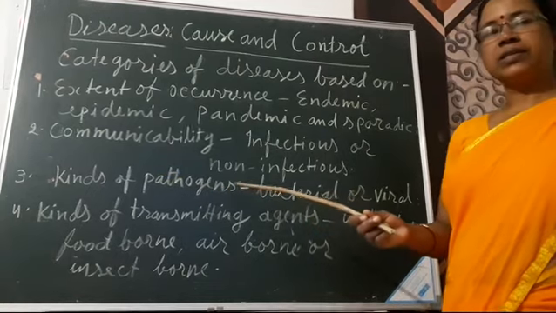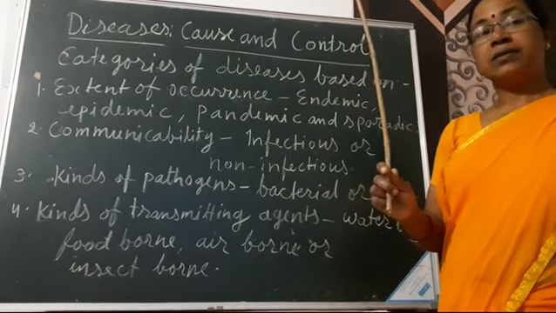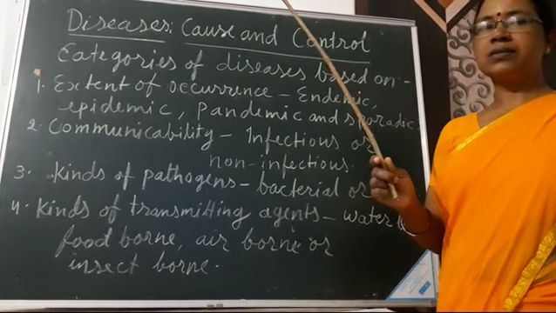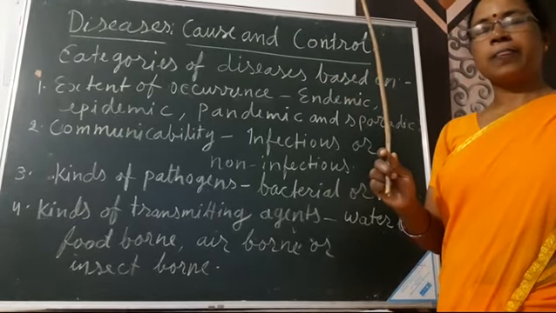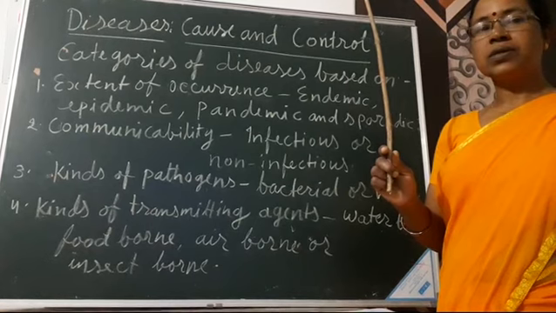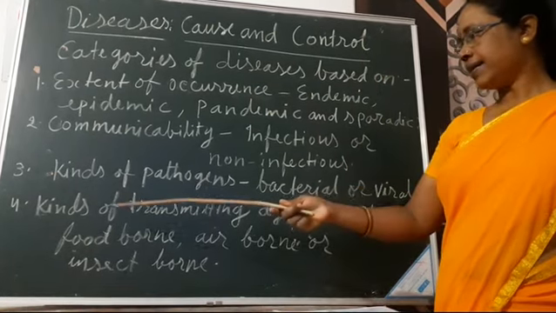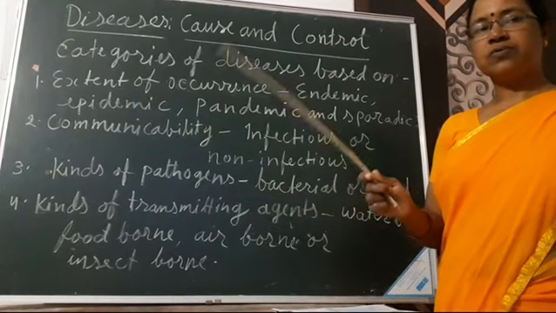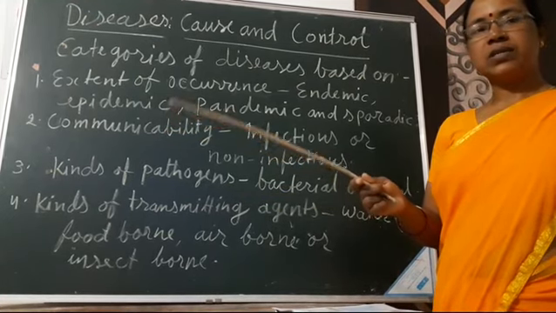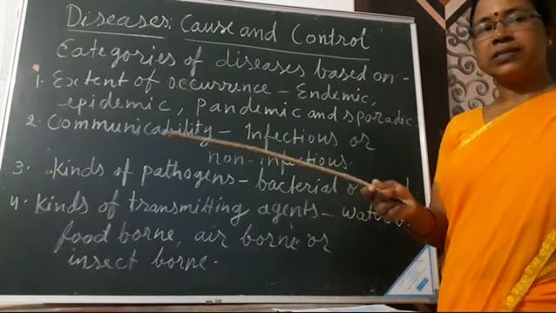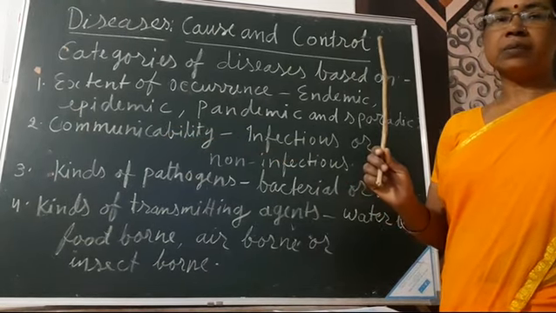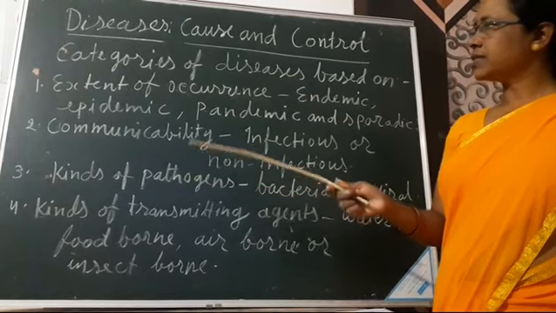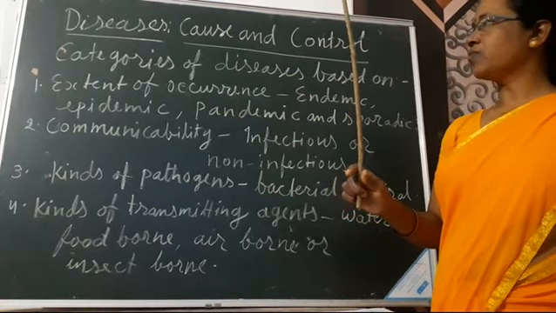Kinds of pathogen, either bacterial or viral, that means diseases caused by bacteria or viruses. Kinds of transmitting agents like foodborne disease, waterborne or insect-borne or airborne. So all these we will be studying in detail one by one.